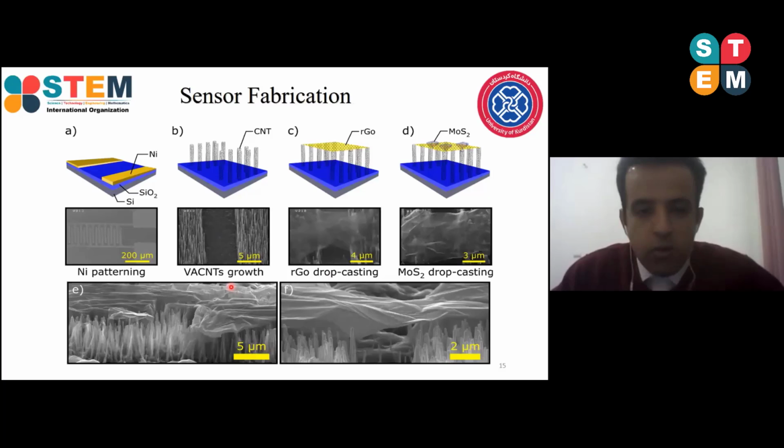To fabricate our device, we first thermally grow silicon dioxide on silicon, and then using sputtering, we deposit a thin film of nickel, around 10 nanometers, on the substrate, and then using a photolithography process, we pattern this layer.